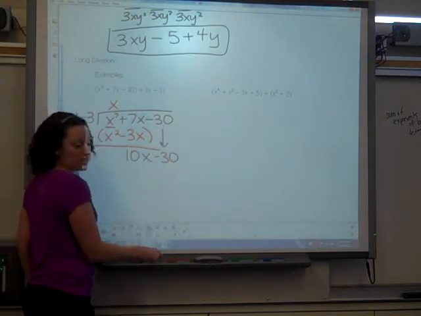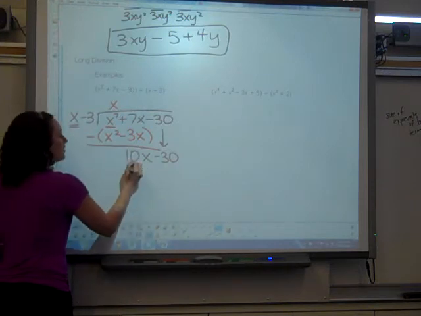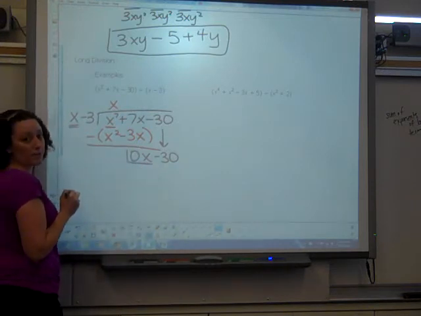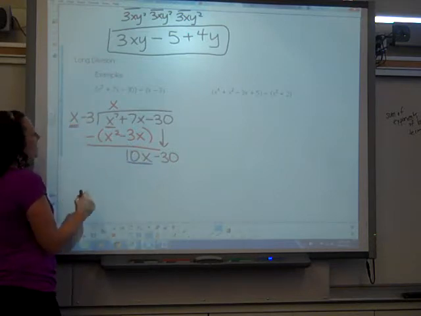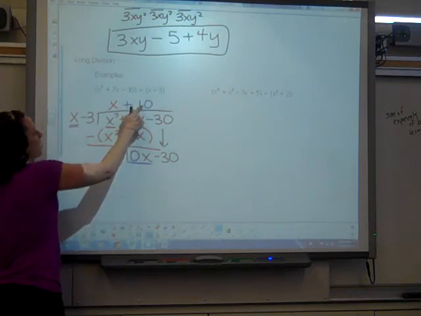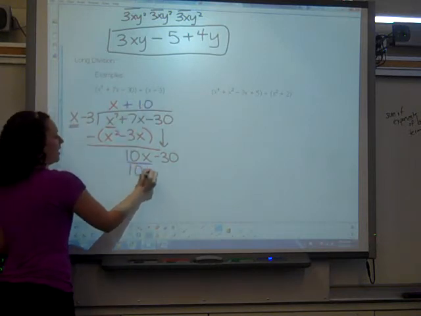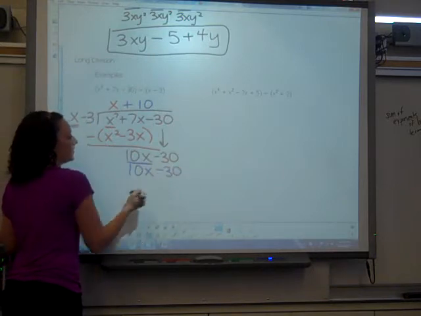I'll use a new color just to signify what we're doing. So again, I'm going to look just at the front numbers to see what I'm doing. So how many times does x go into 10x? Basically I need to multiply x by a positive 10. So 10 times x, 10x. 10 times negative 3, negative 30.